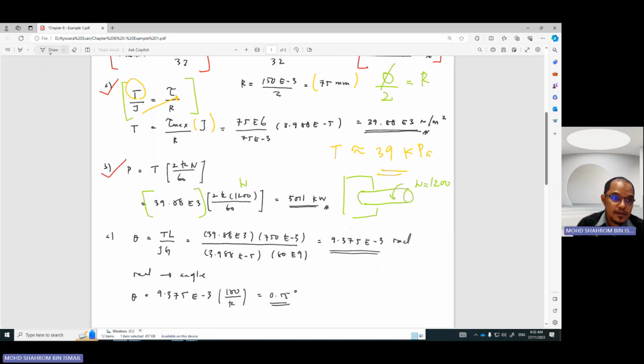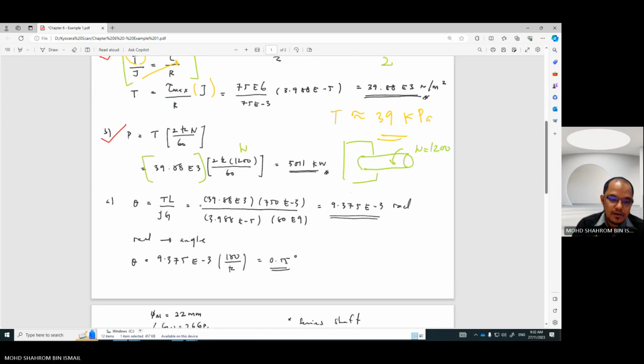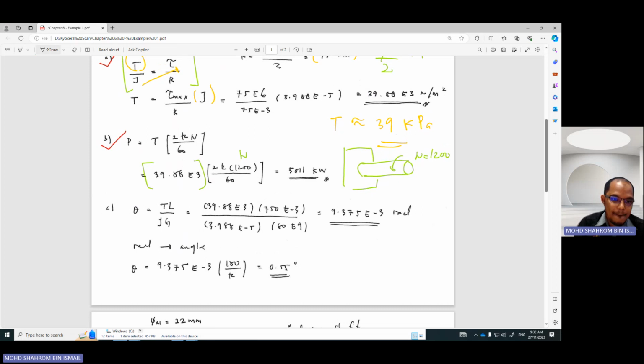For part C, it's a very simple one. The formulation for angle of twist is theta is equivalent to T multiplied by L and divided by G. Therefore, T is torsion. We know torsion is 39 kilopascal.